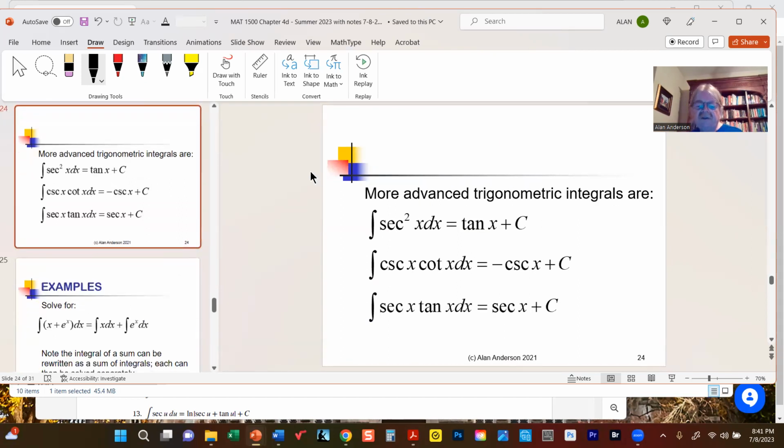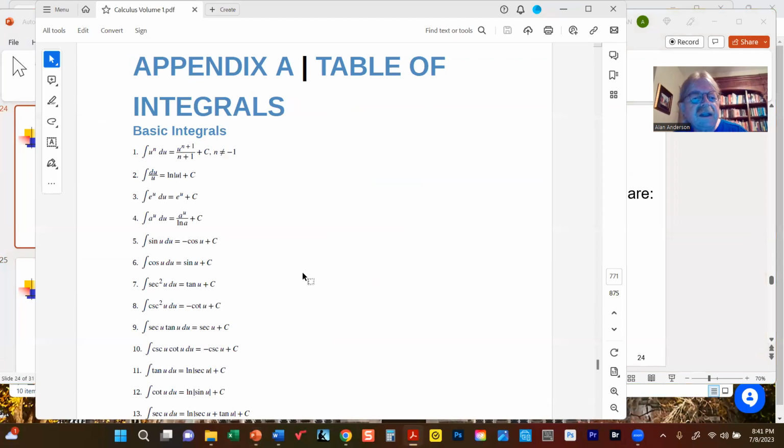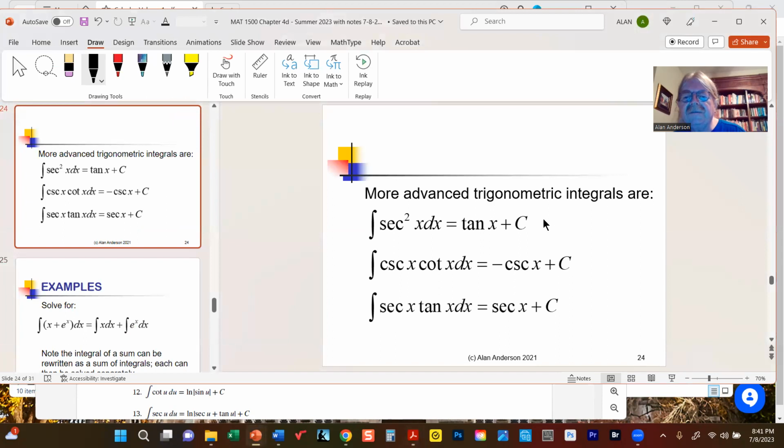Now, there's a bunch of them. It starts to get very complicated very quickly. But again, if you look at this chart, you'll see a lot of them are already listed here for your convenience. Here's secant squared, for example, that equals the tangent.